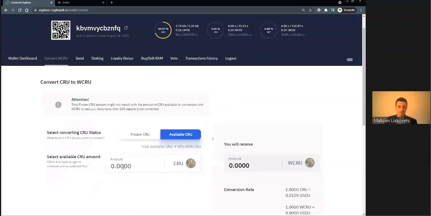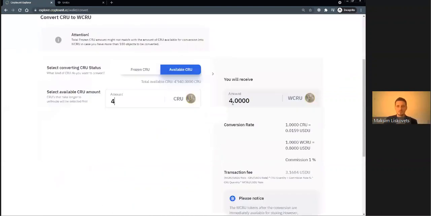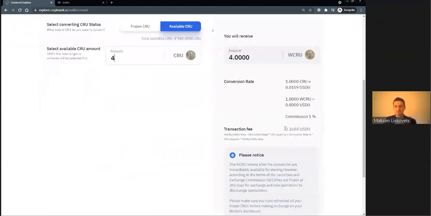If you come back to this page with the conversion and you indicate the number of CRUs to be converted into World CRUs, there is a commission to be charged, and this transaction fee is 3 USDU, a bit more than 3 USDU, for you to understand it. So please take this into account, and in addition, in advance, top up your wallet with the relevant number of USDU. How to do it?